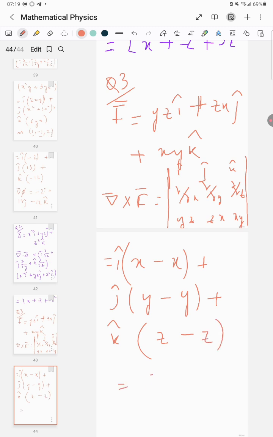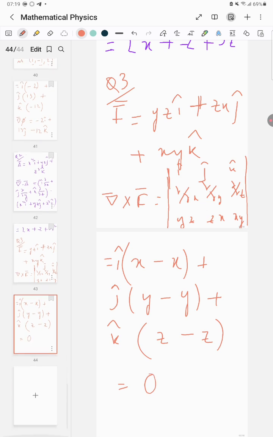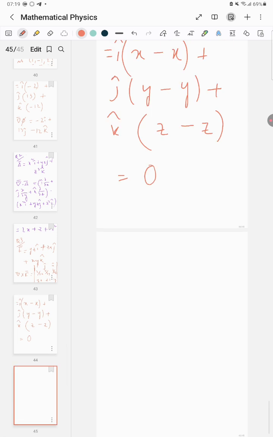So x minus x is 0, y minus y is 0, and z minus z is 0. We can see that curl of F has turned out to be 0, which means F is irrotational. Alright.